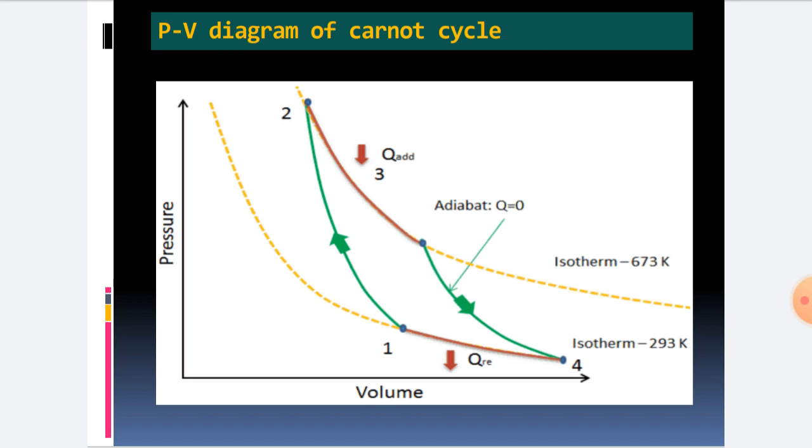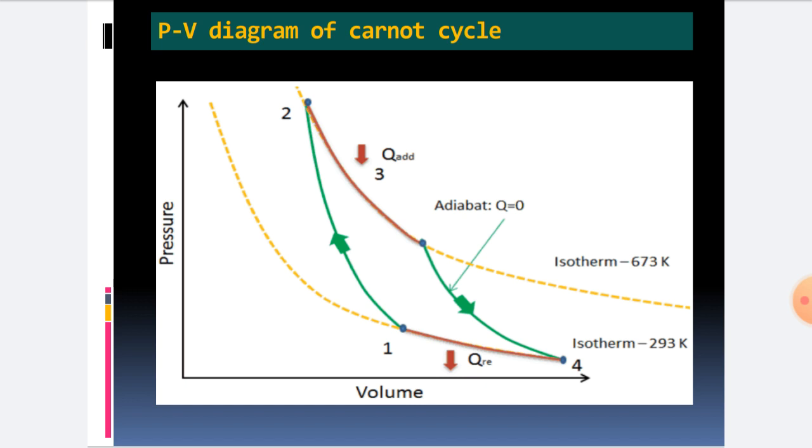During this change, there is an inflow of thermal energy from the large source so that the temperature of the gas is T2. Q2 is the heat absorbed from the reservoir since there is no change in internal energy. So the heat absorbed from the reservoir will be equal to minus W1, or we can say work done by the gas in path 1.